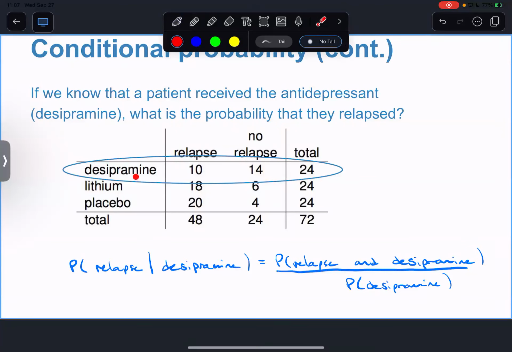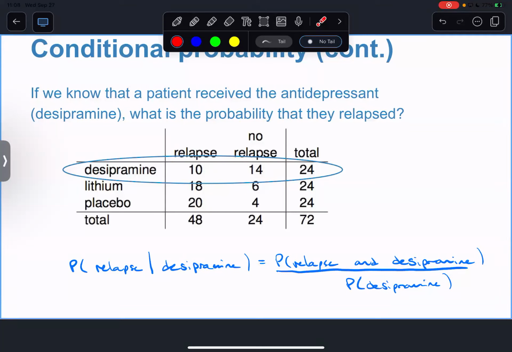So we had some antidepressant, desipramine, I don't know how to say it, lithium and placebo, I know how to say those. And so then we have counts in each of these categories. These are joint categories, lithium and relapse, lithium and no relapse, for example.